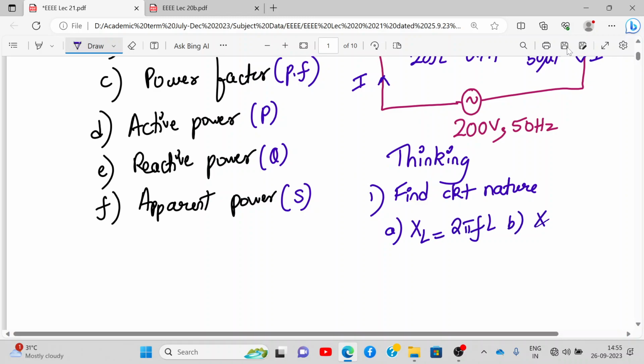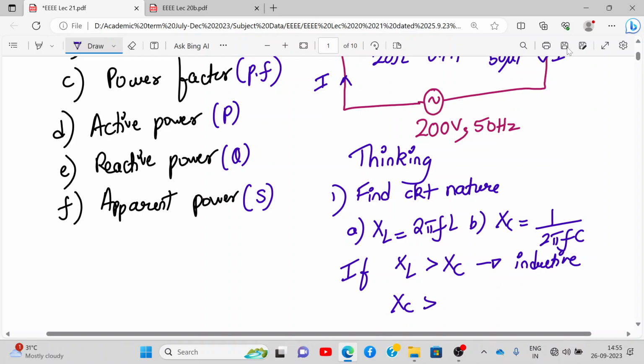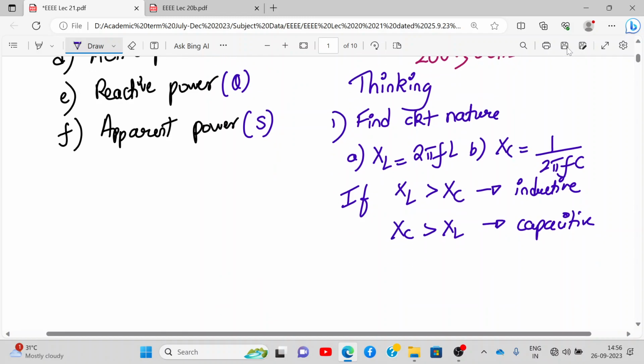And you find XC. What is XC given by? 1 upon 2 pi F into C. And then you determine: if XL is greater than XC, it is inductive. If XC is greater than XL, it is capacitive. So from here, you will determine whether the circuit is inductive or capacitive.